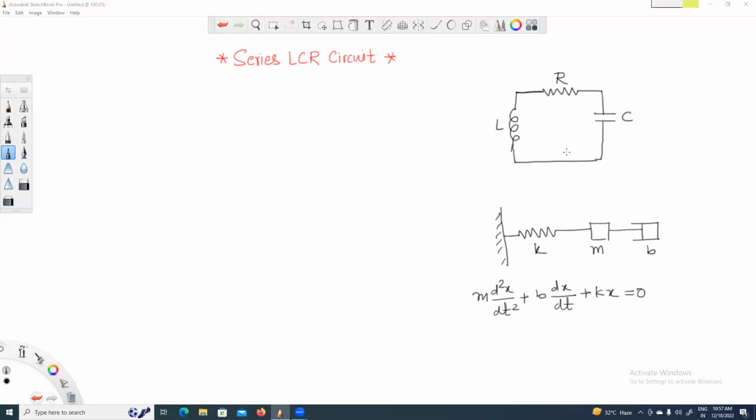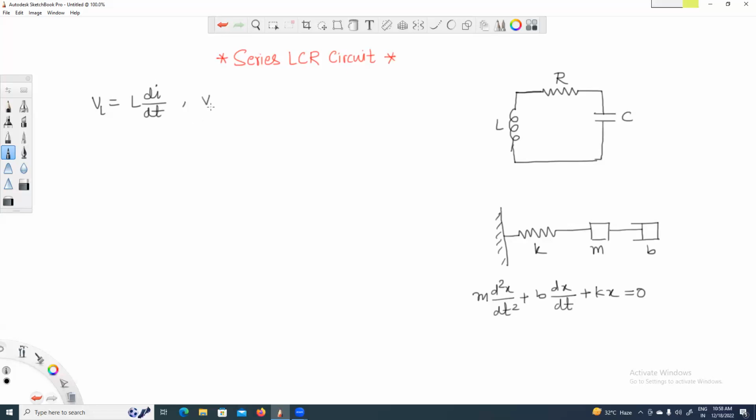So the first thing we want to find is the differential equation governing the flow of electric current through this circuit. We know the potential difference across the inductor, let's denote it by VL, is given by L di over dt, the rate of change of electric current flowing through the inductor.